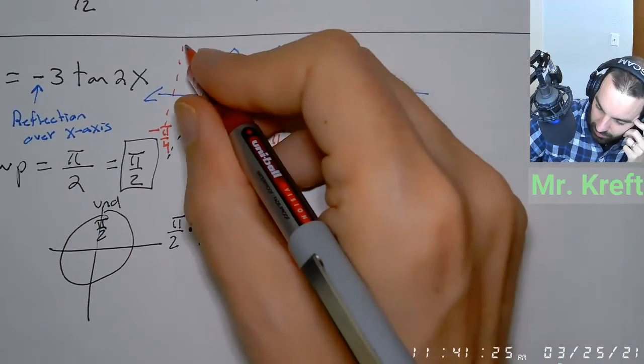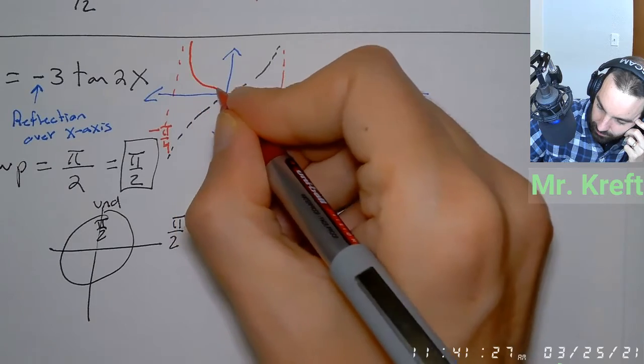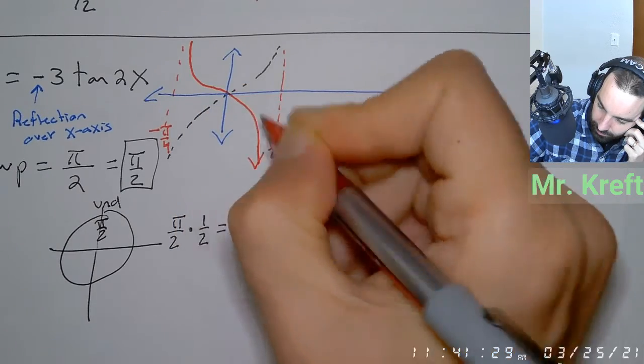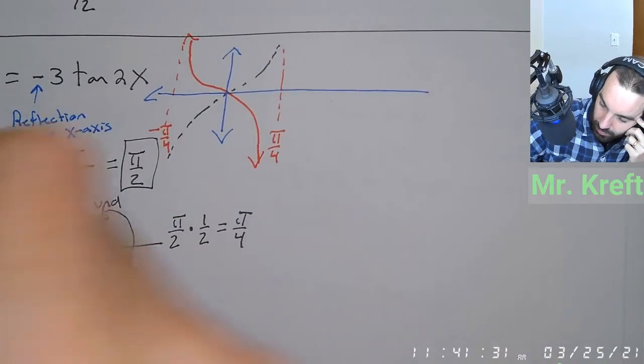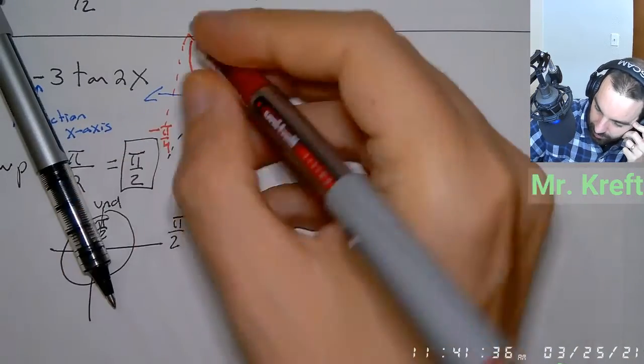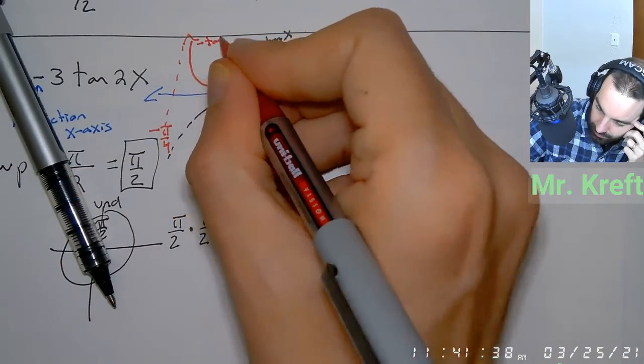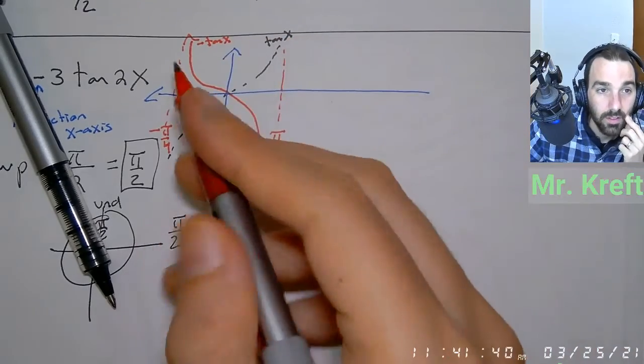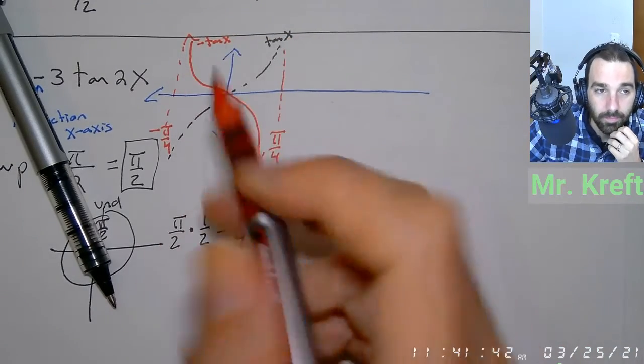So I'm just going to reflect that, so then it's going to look like this. So the black is tangent of x, and this is negative tangent. Do you guys see how it just flipped like that?